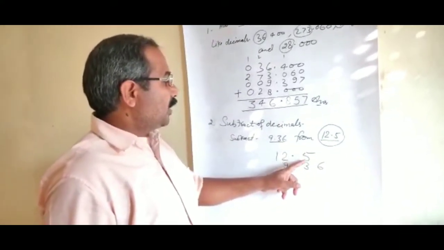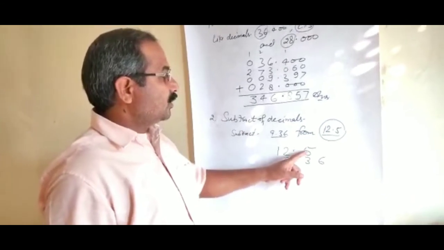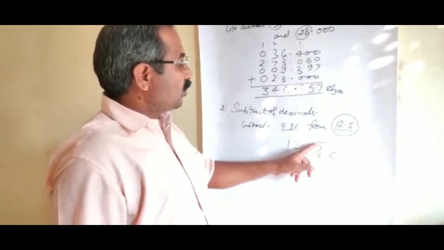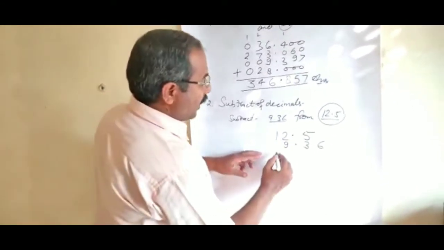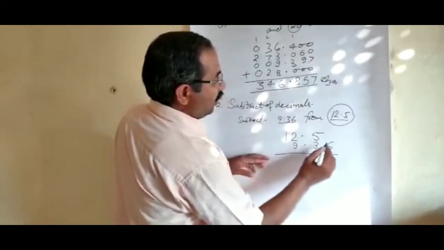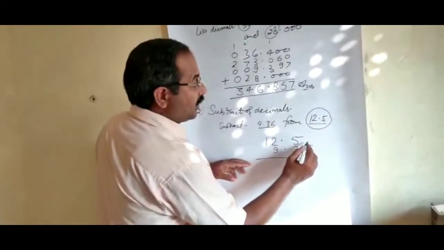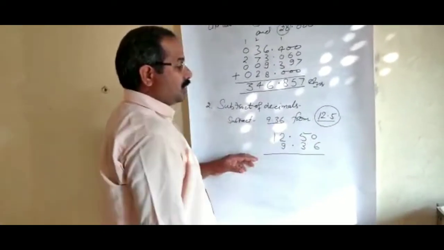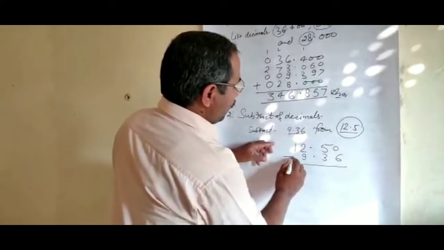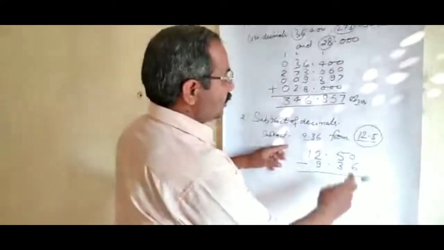You should always write in the correct order. Every time you should be in the right order in line. I have already told you to make like decimals, so you will increase here 0. After that you will give the sign of minus.